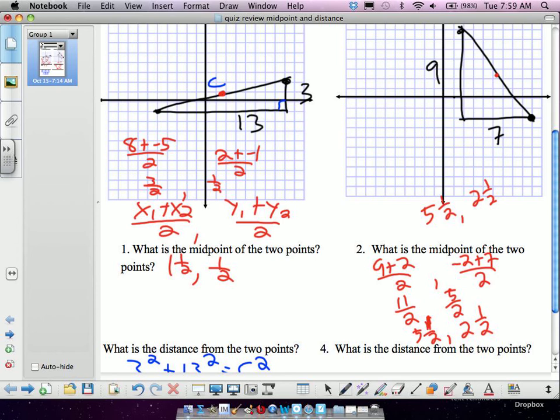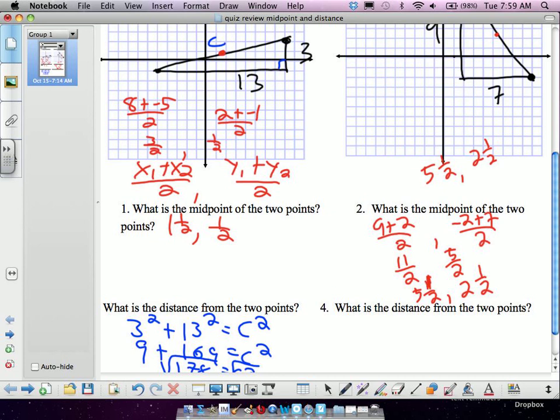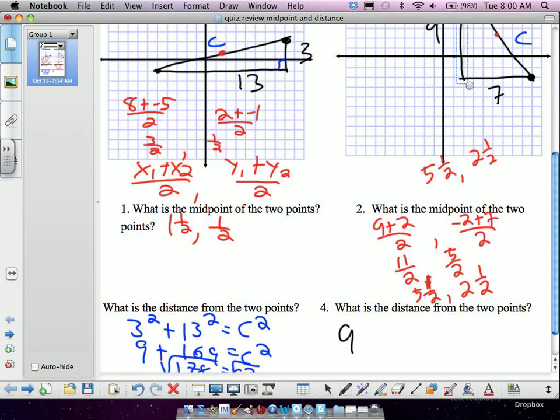All right, so now we're going to use the distance formula. So again, I'm going to make this c because I know it's my hypotenuse. It's across from my 90 degrees. Okay, so I have 9 squared plus 7 squared equals c squared.